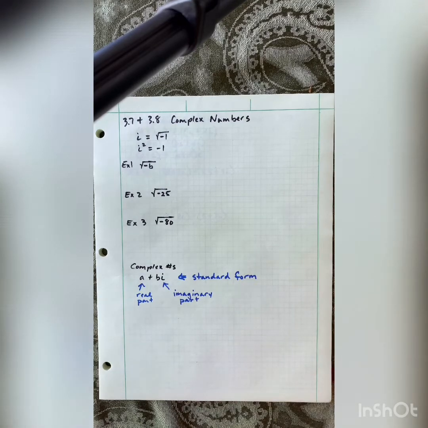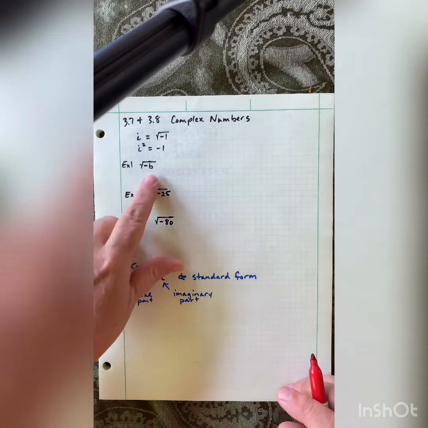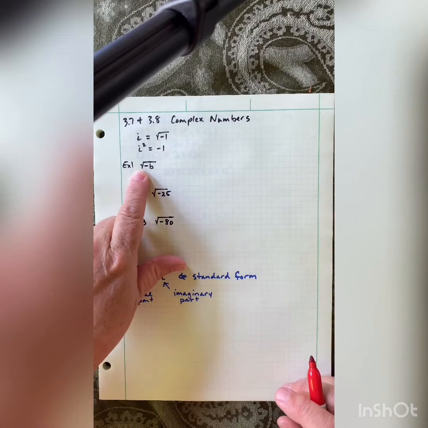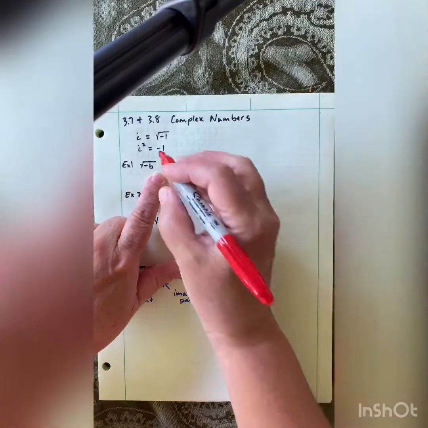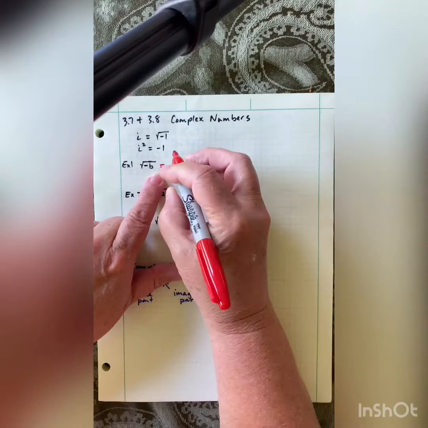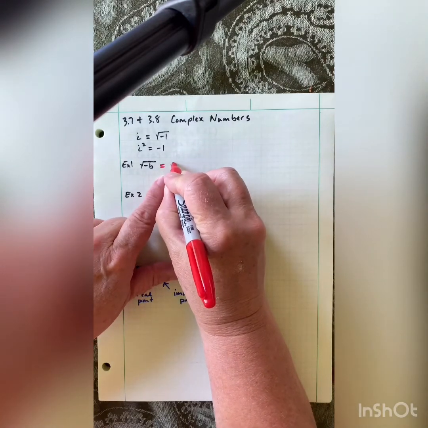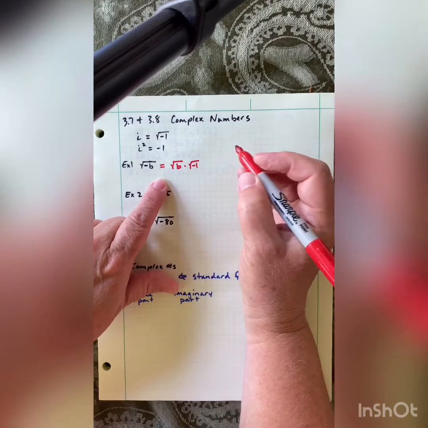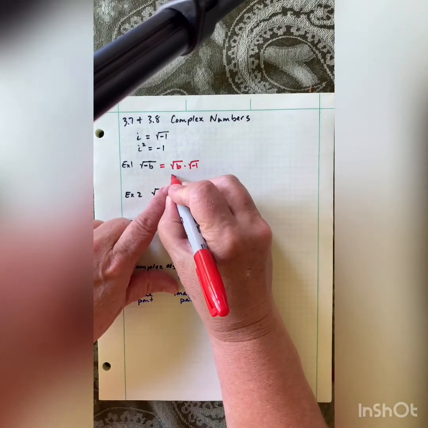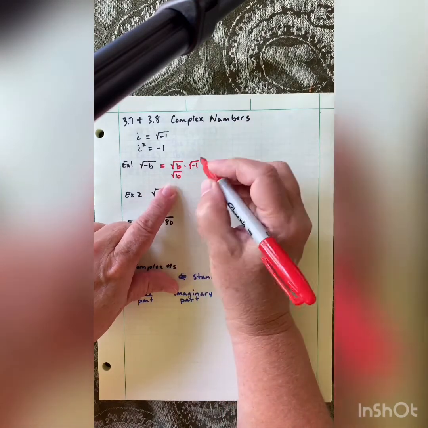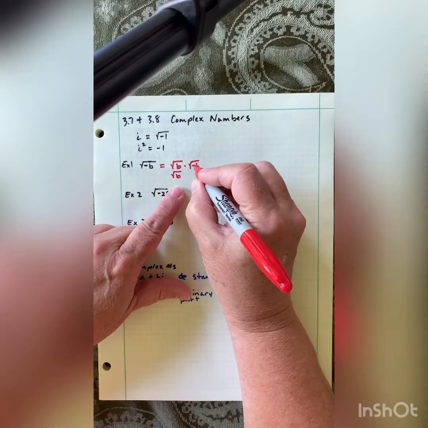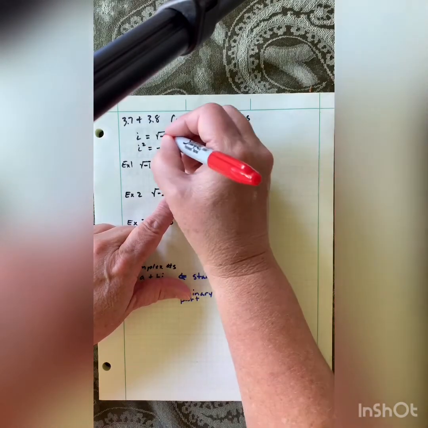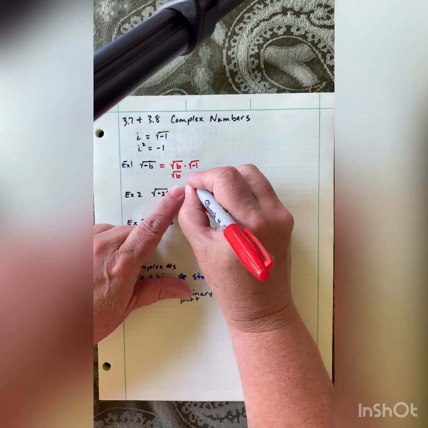If we need to take a square root of a negative number, such as the square root of -b, what we could do is separate this and rewrite it as the square root of b times the square root of -1. Square root of b, there's nothing we can do with it, so we're going to leave that as square root of b. And the square root of -1, well, we just said that that is i.